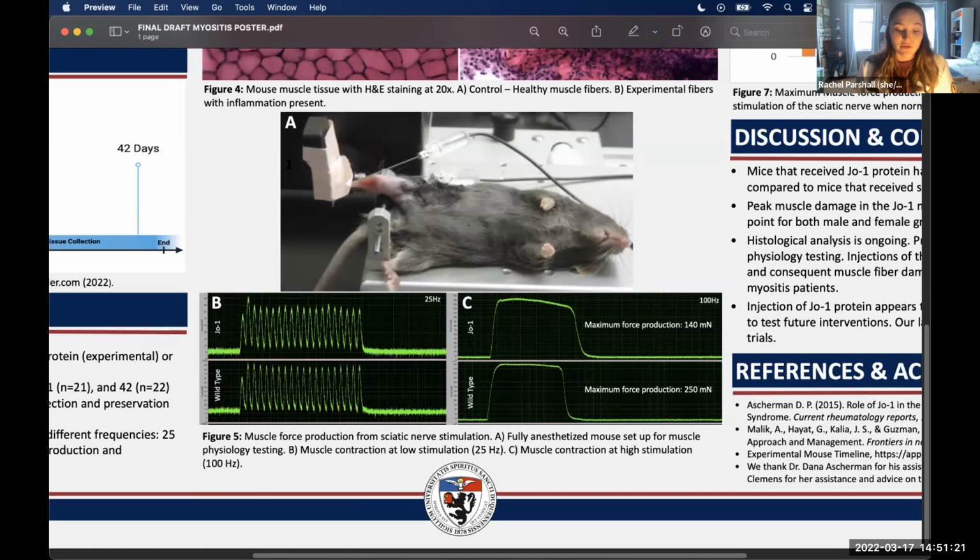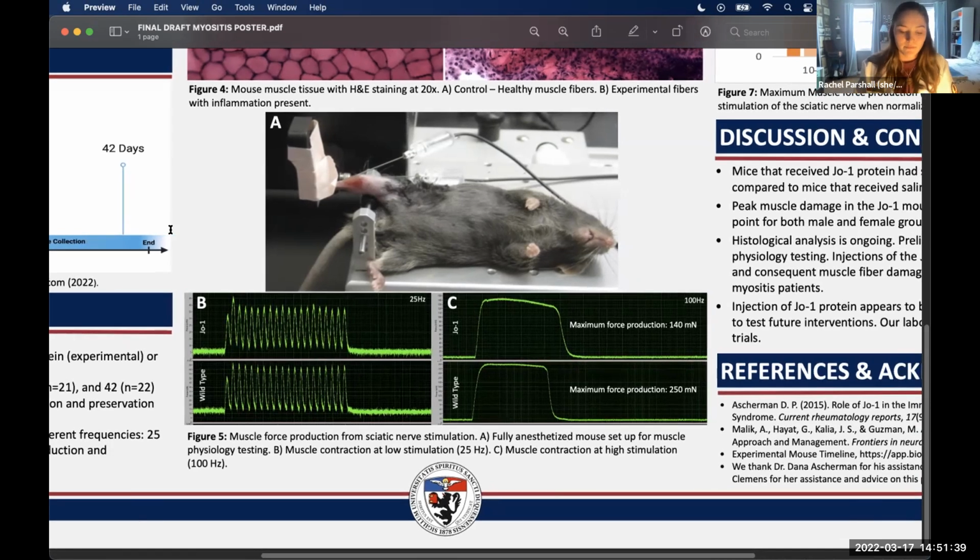Figure 5B shows the force production graphs at 25 hertz of a mouse that received the Jo1 protein on top and the saline mouse on the bottom. As you can see by the staggered lines, a tetanic contraction was not reached, which is of course expected at this low frequency. Figure 5C shows the force production graph at 100 hertz of, again, a mouse that received the Jo1 protein on top and the saline mouse on the bottom.